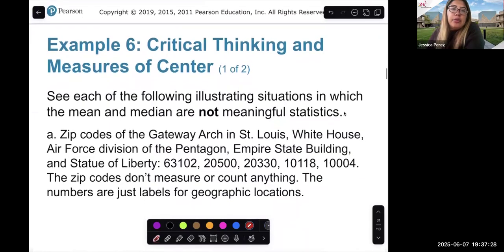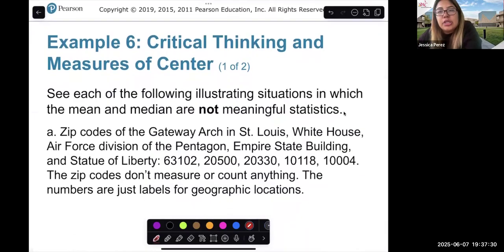So let's look at this example. Say we're looking for the mean and the median, and they're giving us an example of zip codes, with different locations like the White House, the Air Force Division of the Pentagon, the Empire State Building, and the Statue of Liberty. Why are we interested in finding the mean or the median of non-meaningful statistics like zip codes?